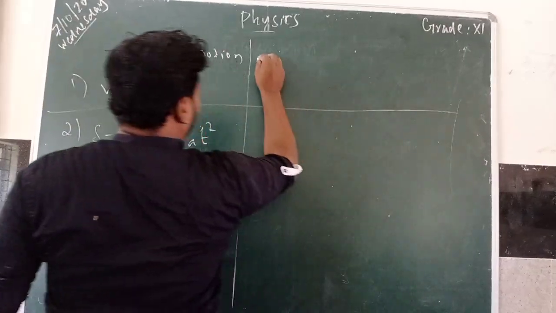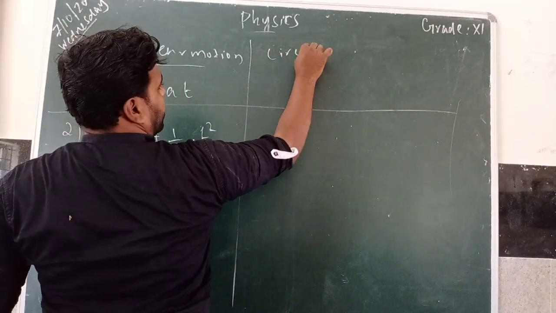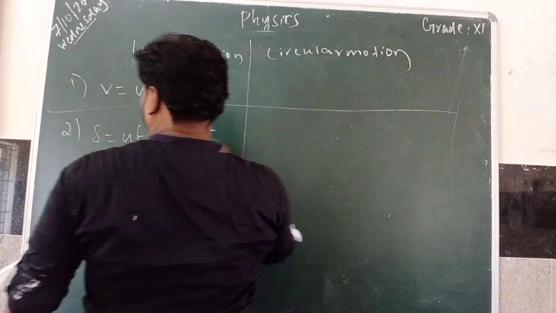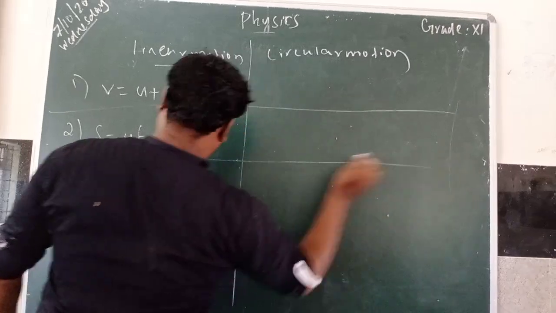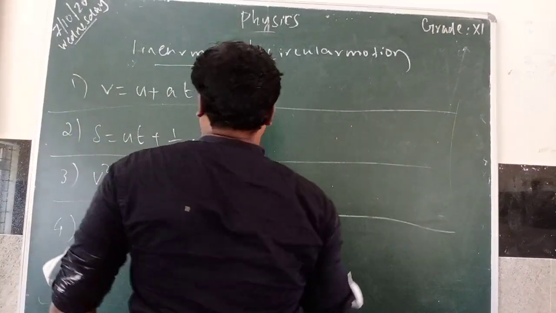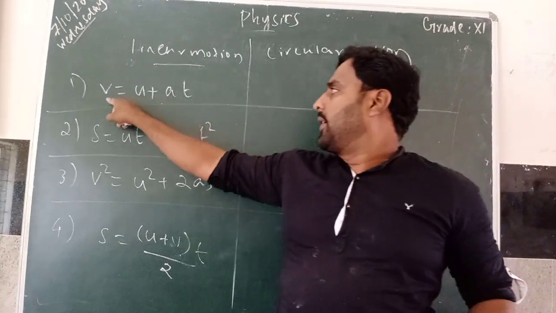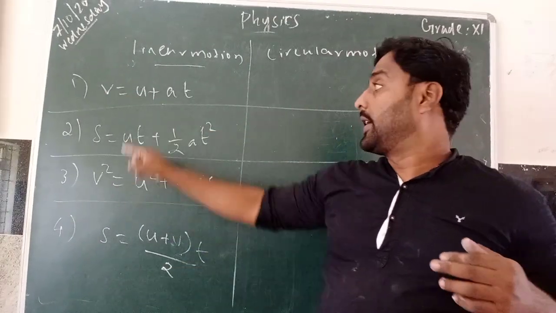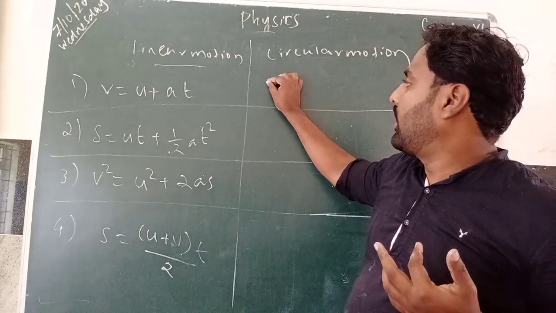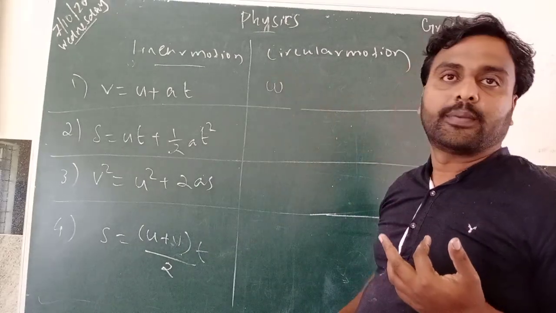Now I am going to write this for circular motion. So V is linear velocity, here it is angular velocity, omega.